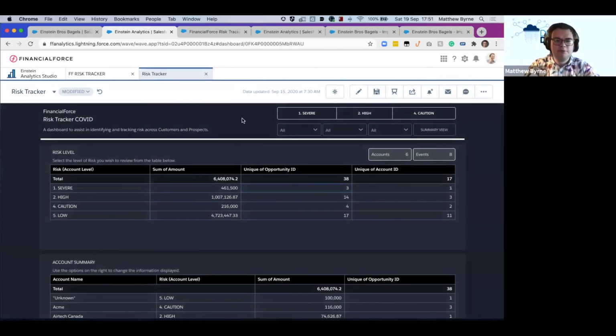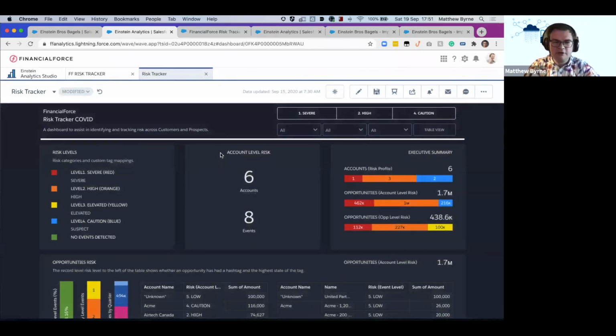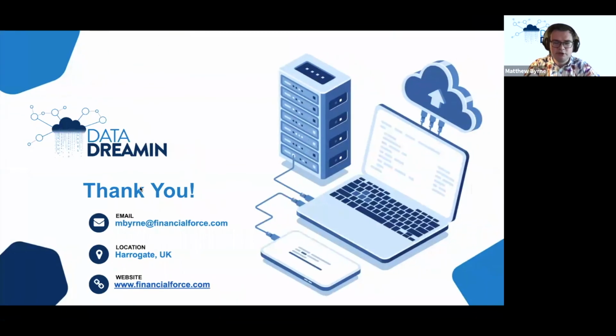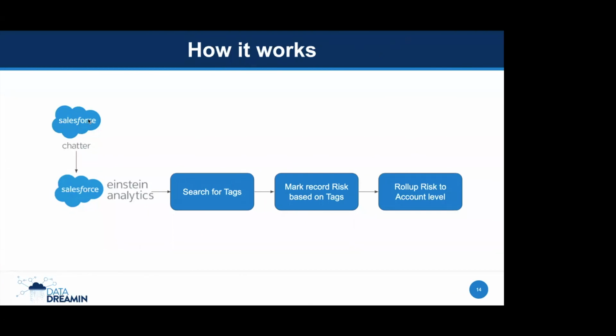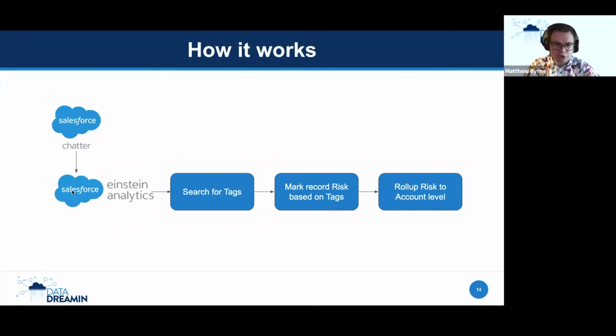Good question. So we do it all within an Einstein Analytics data set. So let me go to the slide I had, which I think I skipped over because I was worried about time, which is that we consume the chatter feed within Einstein Analytics. Within the Einstein Analytics data flow, we then search for any tags that we've got, okay?